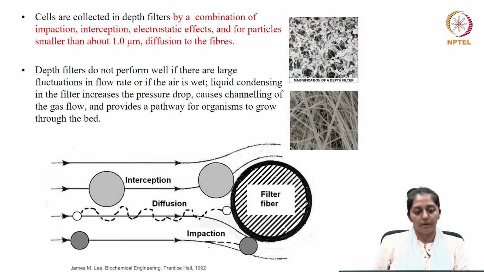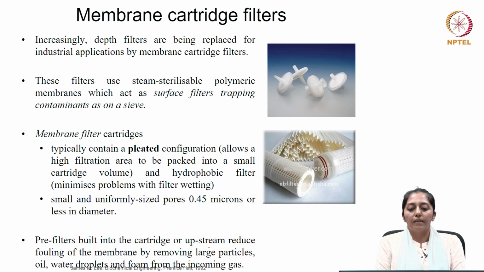So, increasingly depth filters are being replaced for industrial applications by membrane cartridge filters. These filters are steam sterilizable polymeric membranes which act as surface filters, trapping the contaminants as on a sieve.